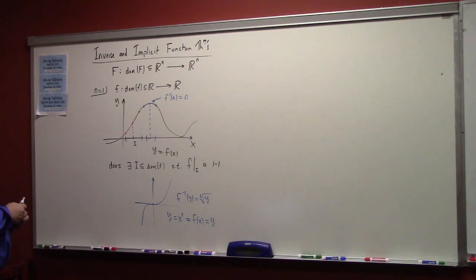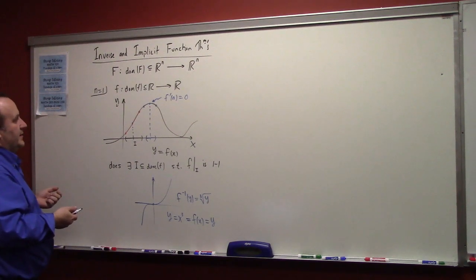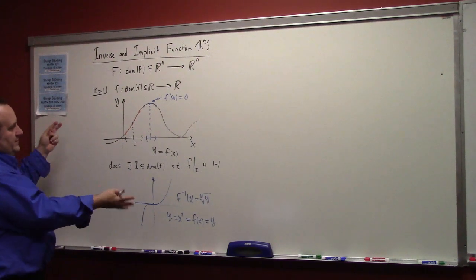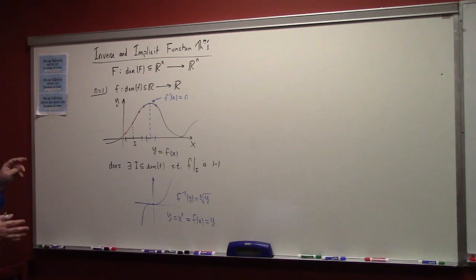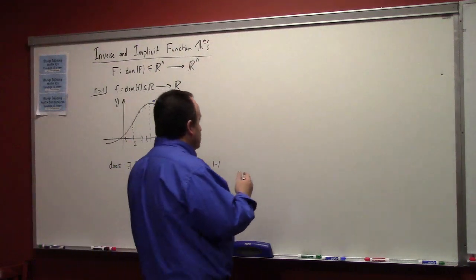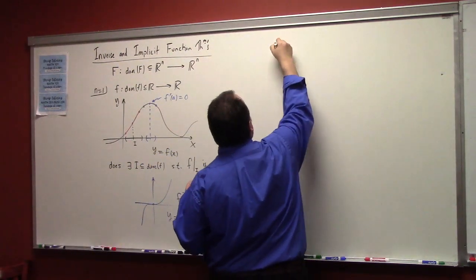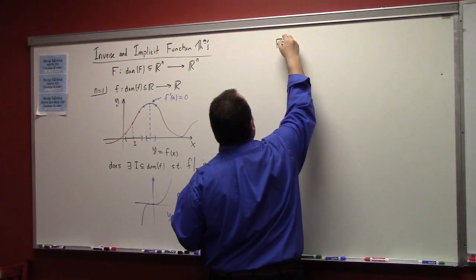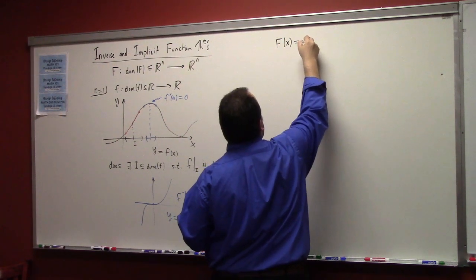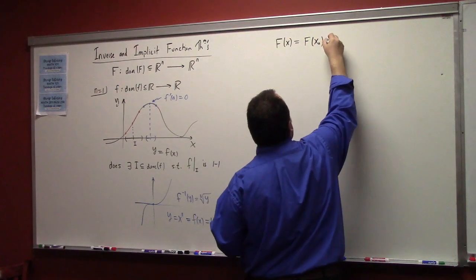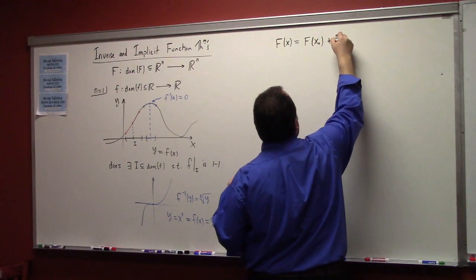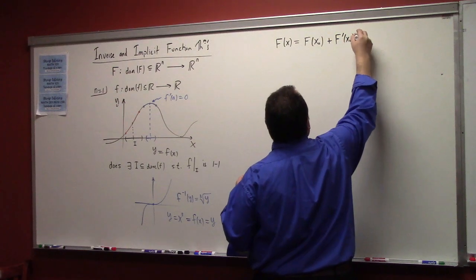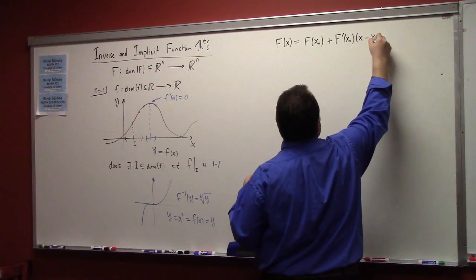Now, that's just the backdrop. So let's stop with the one-dimensional and let's go to n-dimensional. So we're looking at a function f of x equal to f of x naught plus f prime of x naught times x minus x naught.